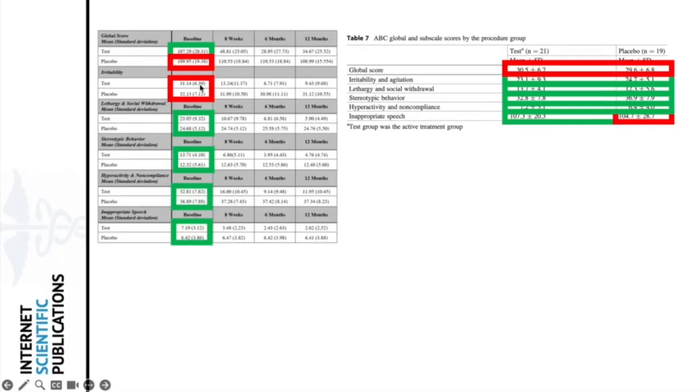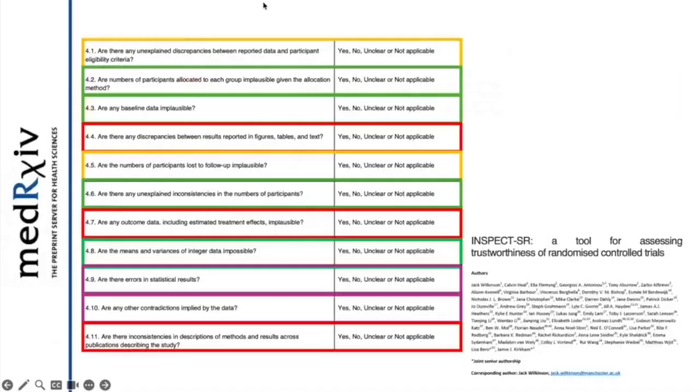Here for irritability, which is the primary outcome, you can also find some little discrepancies between the secondary publication and the primary publication. So basically, we have again some concerns here.